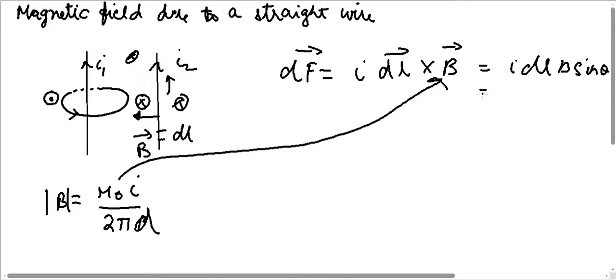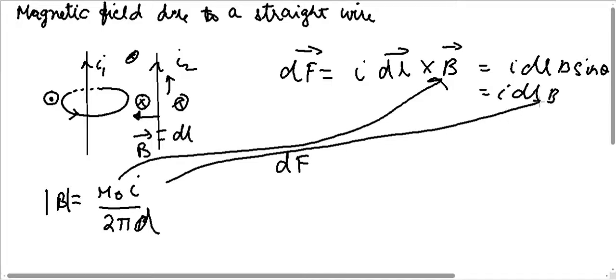So this becomes I dl B. Now if I substitute the value of B, dF will be equal to I dl into mu naught I.